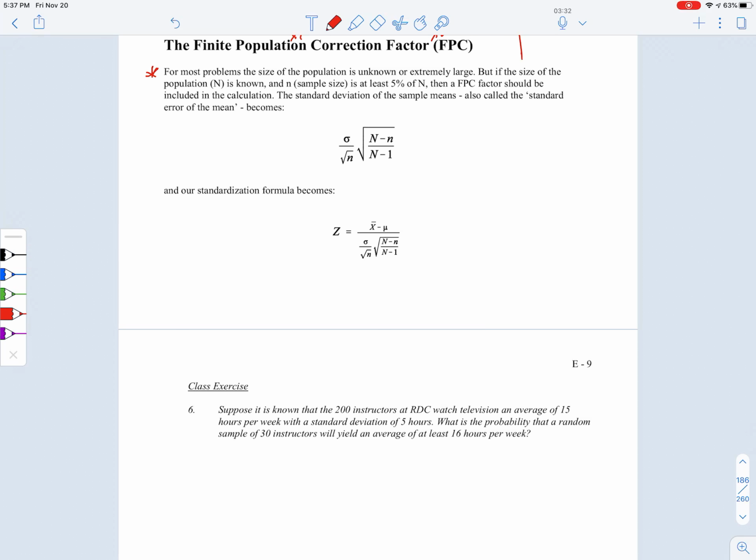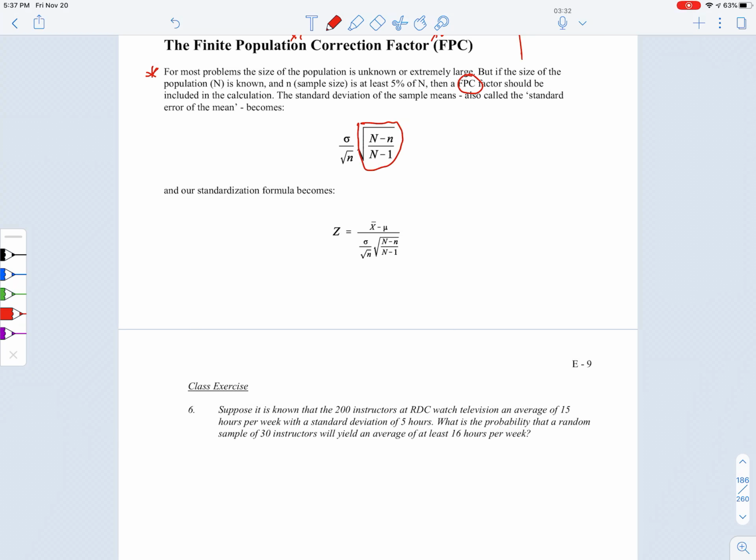But what happens if you have a fairly small population and your sample is large relative to the size of the population? When we have that, we tack on this thing called a finite population correction factor, or an FPC, and it's this part right here.